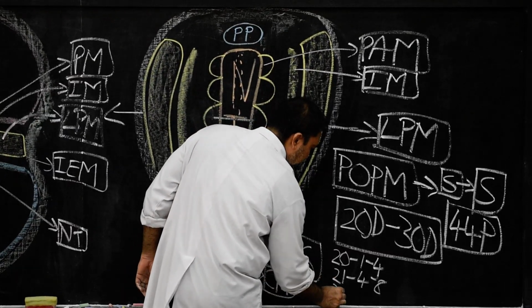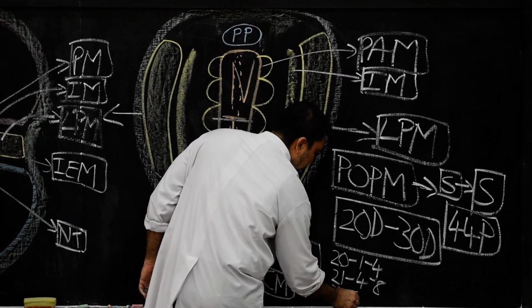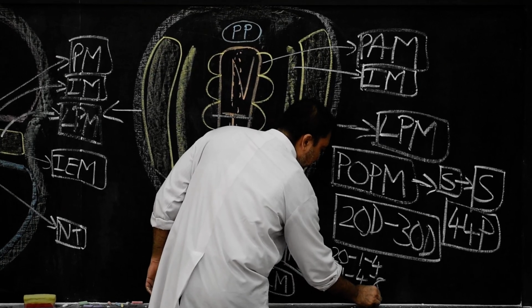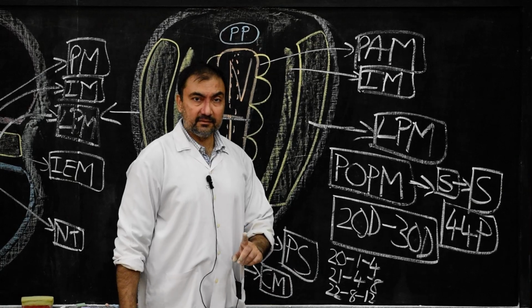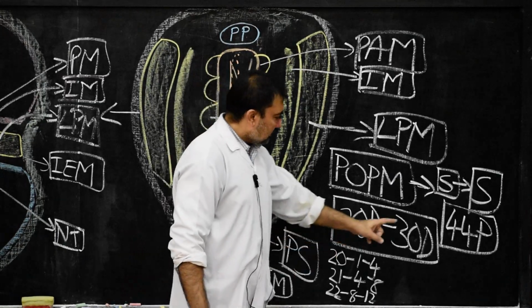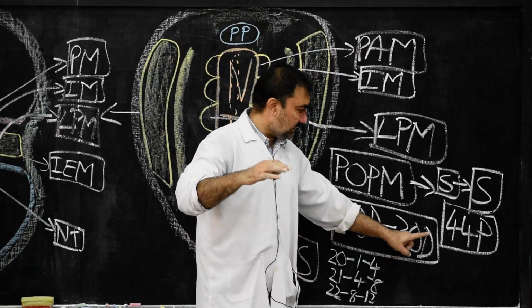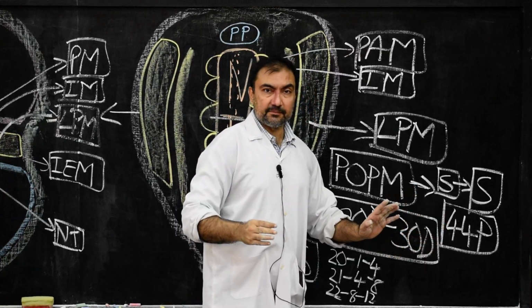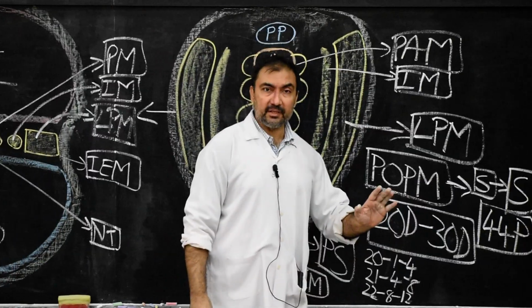On the 22nd day, the number of somites will be around 8 to 12 pairs. In this way, it will keep on increasing, till the 30th day, where the number of somites will be between 40 to 44 pairs. In this way, the age of the embryo is determined during the somite period.